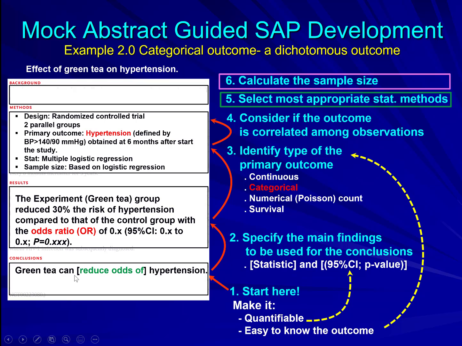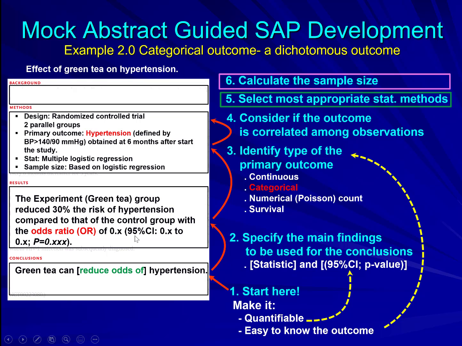And then the conclusion says, rather than reduce weight, it can reduce odds of hypertension, because we plan to present the odds ratio as the measure of the magnitude of effect.